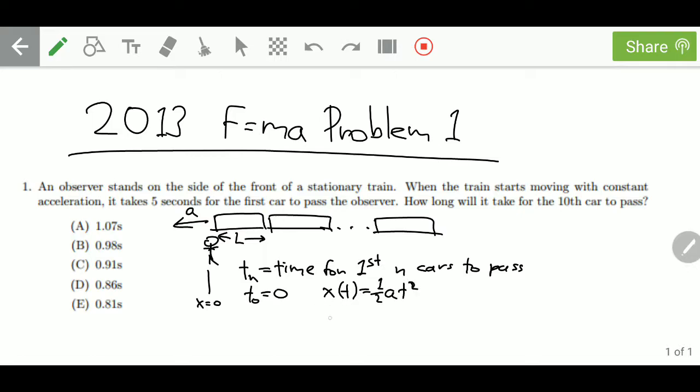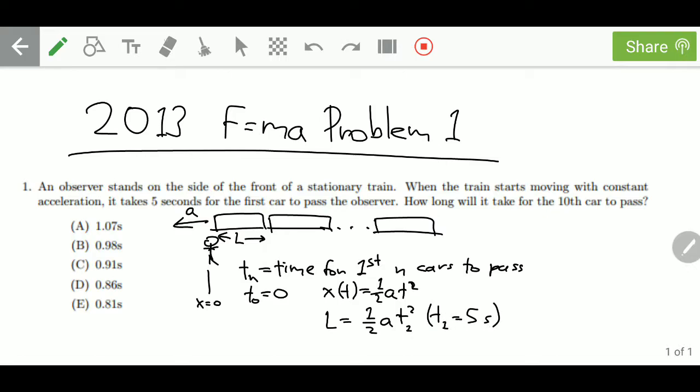And now we know that t1, which is 5 seconds, will be... we know that L, the length of the first car, will be 1/2 a times t1 squared, where of course t1 equals 5 seconds.